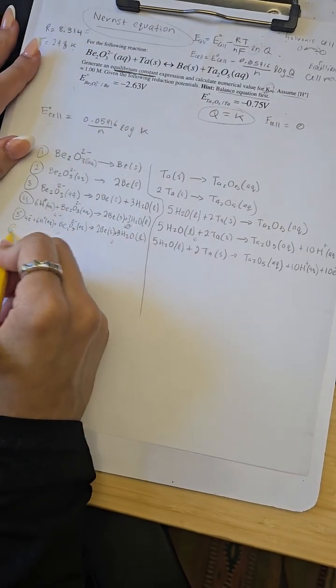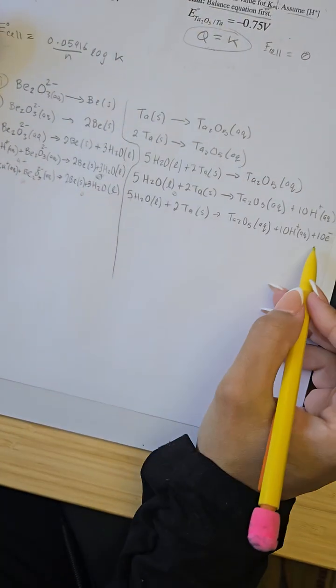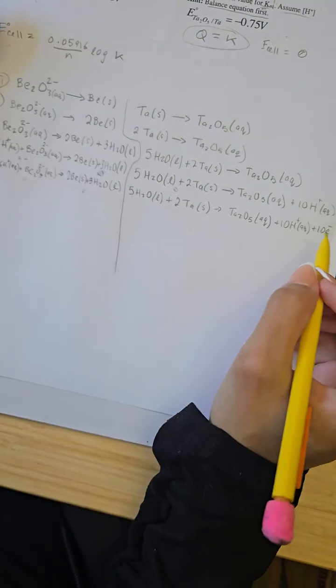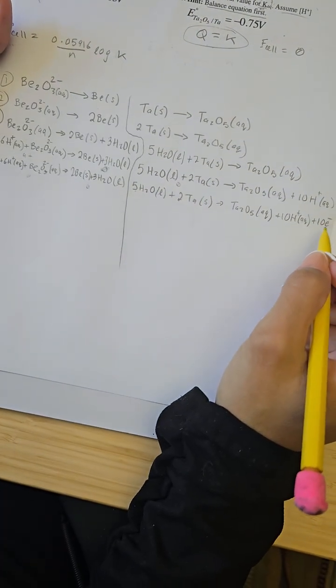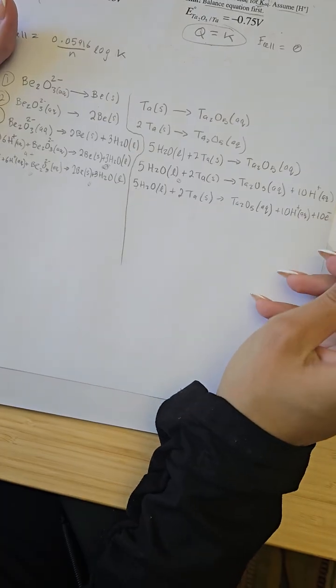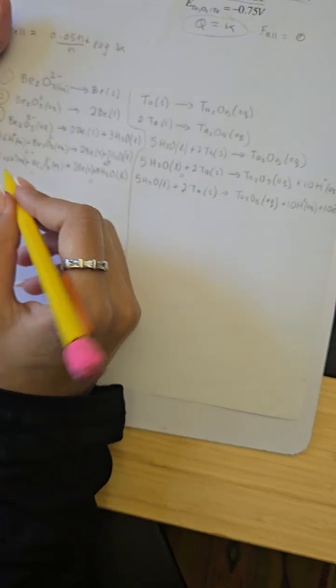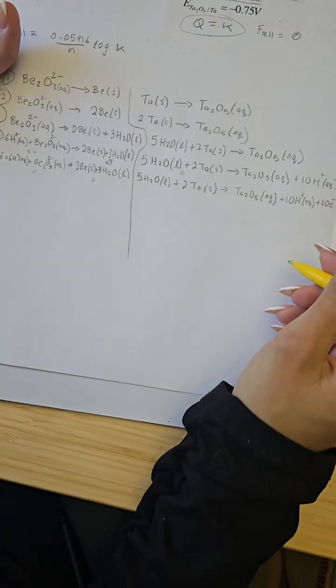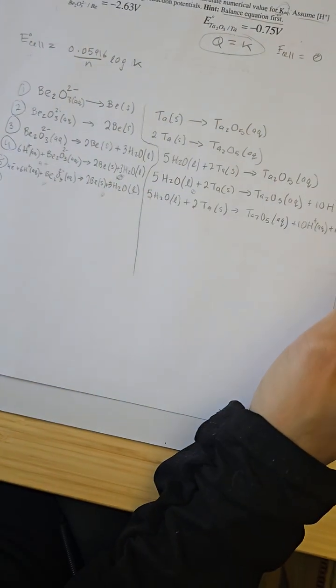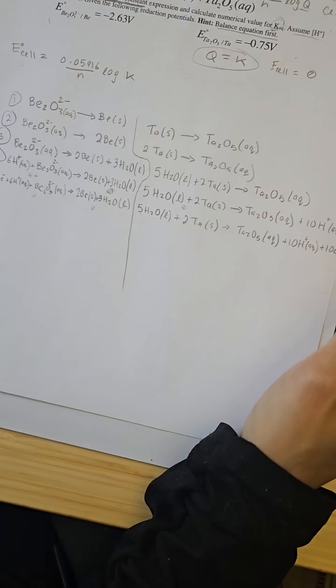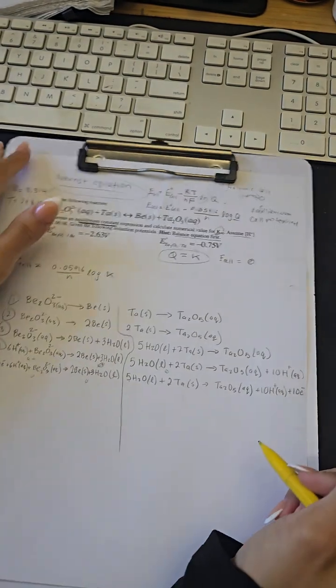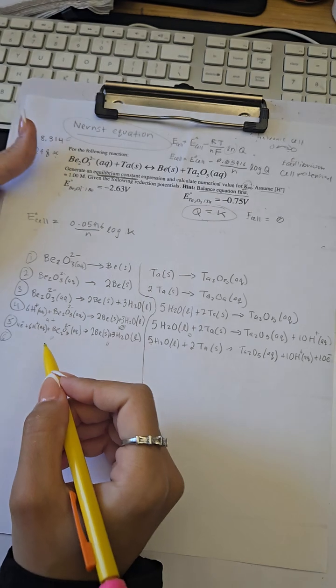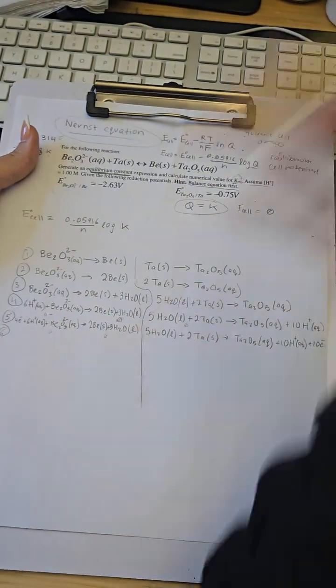Now step number 6 is usually to try to get the electrons equal to each other. You can multiply this side by 4 and this side by 10 and get 40 electrons. Or there's another way of doing it that's a little bit easier, so that you don't have to simplify later on.